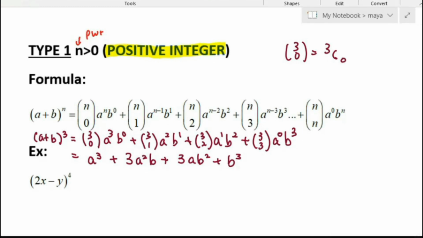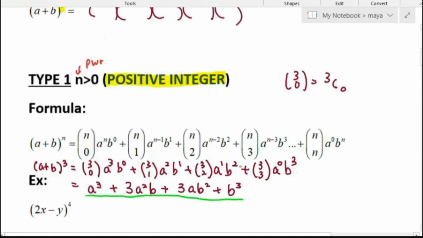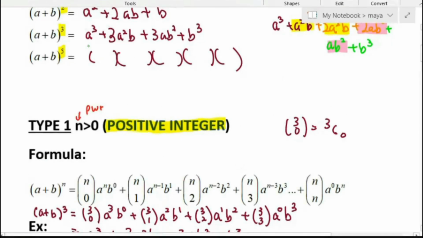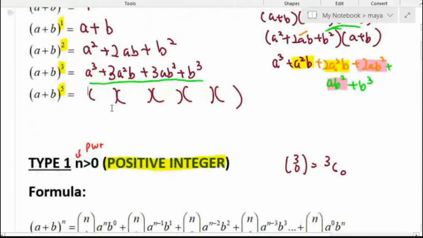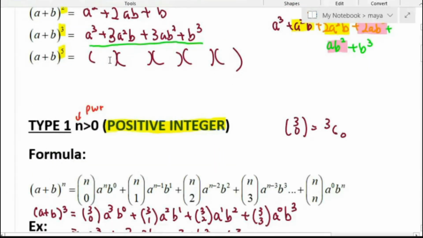So notice that our expansion here and just now, when we expanded manually one by one, they are the same. So if I want to find this power 5, I can use this formula instead of opening one bracket after another. It will take a long time.